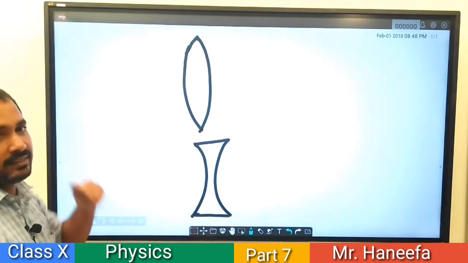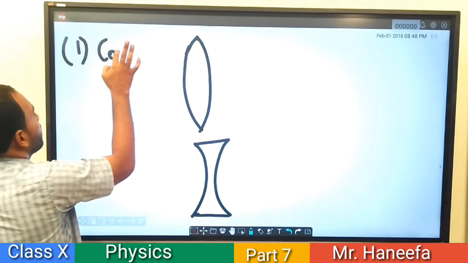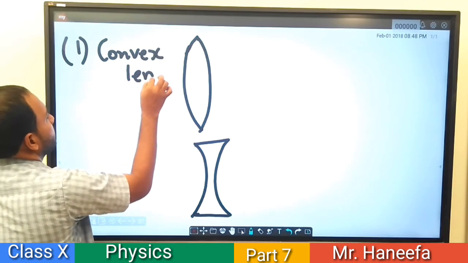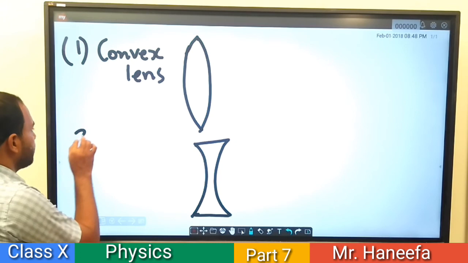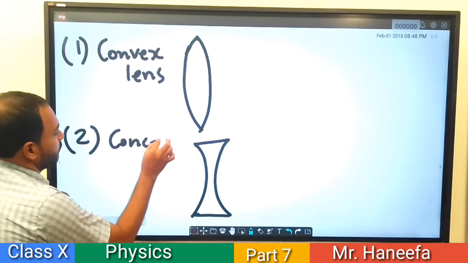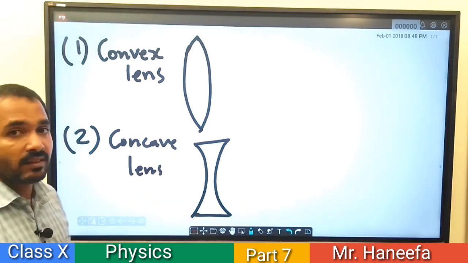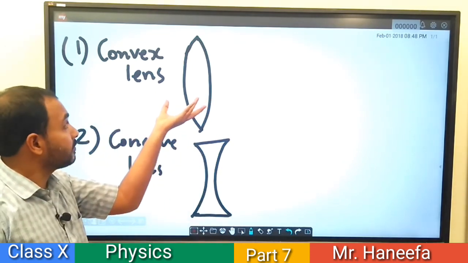This type of lens is called a convex lens. The second is the concave lens. What is a convex lens?